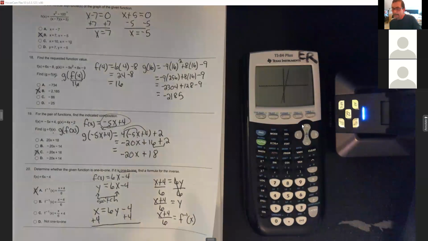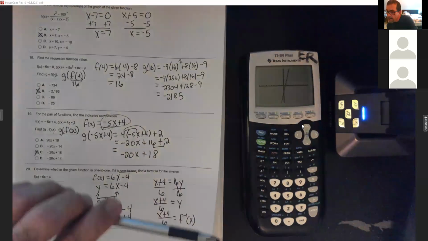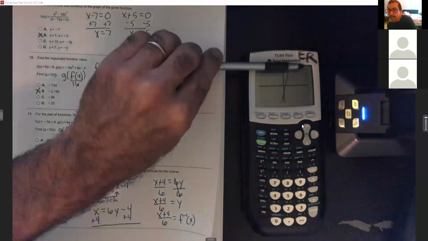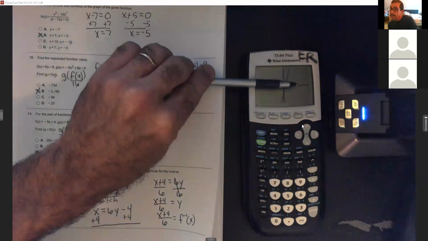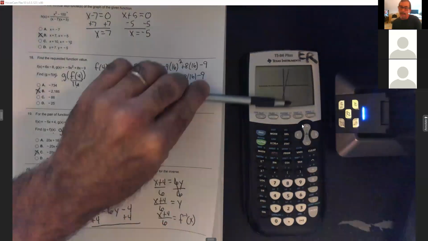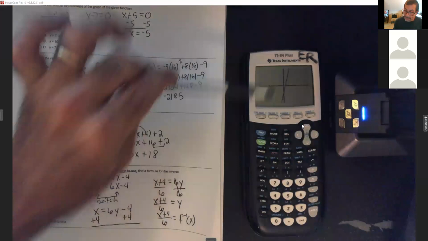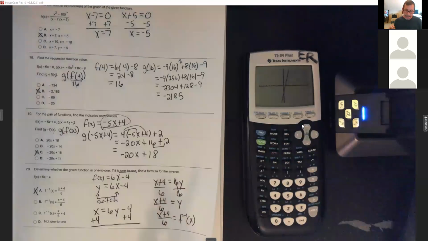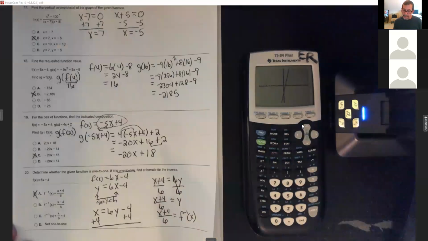Now on this one, to be one-to-one, a horizontal line cannot touch it more than once, and it only touches it once everywhere. That's how you would tell if it's one-to-one, okay? So you're going to be finding that inverse. Remember, replace the f of x with y, switch them, solve for the new y, and be done.